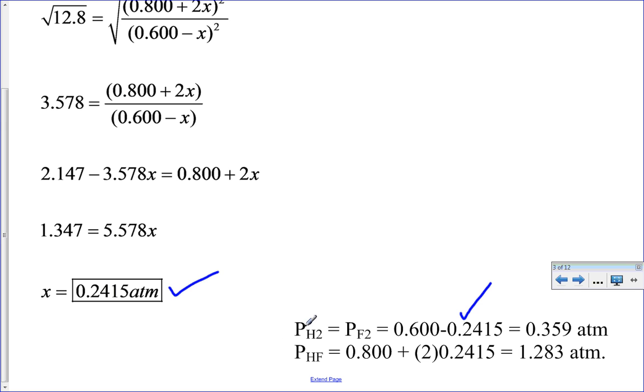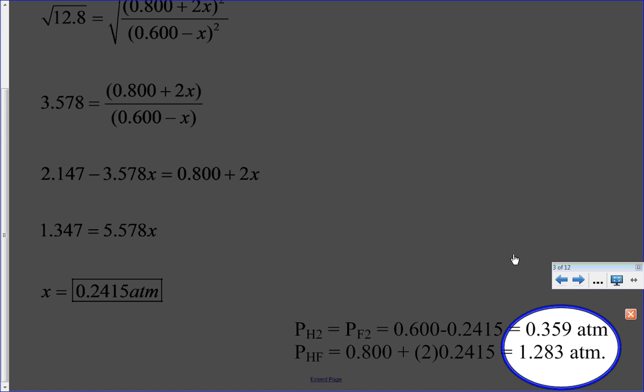All right, so these two partial pressures are the same, and they were both 0.6 minus x, and now that I substitute x in, I get their equilibrium pressure. And then for hydrogen fluoride, I substitute 2 times x into its expression, and I get its partial pressure. So this is where you get your point.